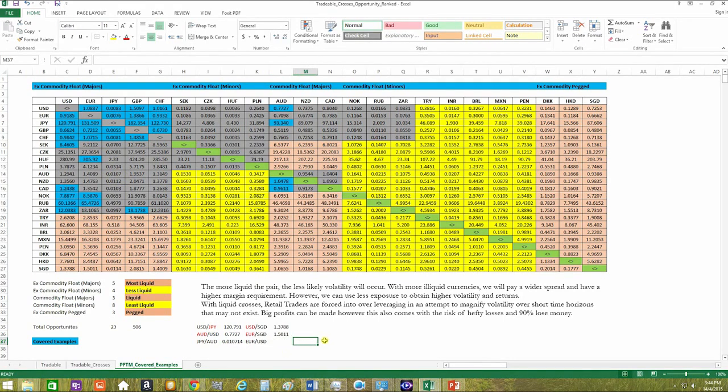Now, what if we looked at a different situation, where we looked at the US dollar Sing dollar and the euro Sing dollar exchange rates? What if we wanted to get the euro dollar rate from these two exchange rates?